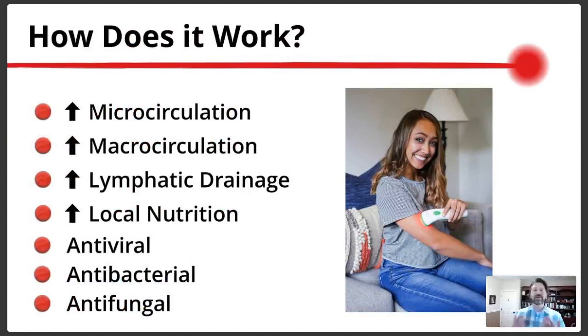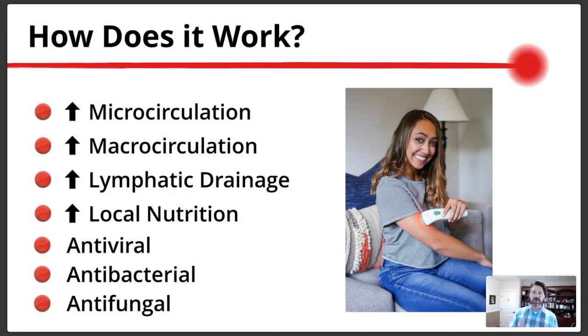Because you increase ATP, you increase nitric oxide, and because you have a local heating effect, the sum total is that you increase micro and macro circulation with light therapy. You also increase lymphatic drainage due to the improved circulation, and improved circulation brings a ready supply of nutrients to the cells.